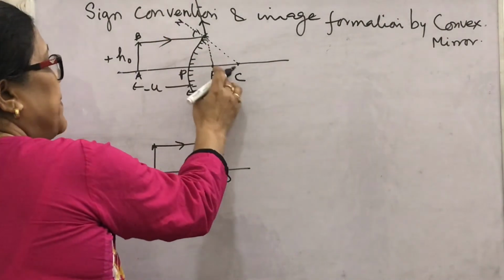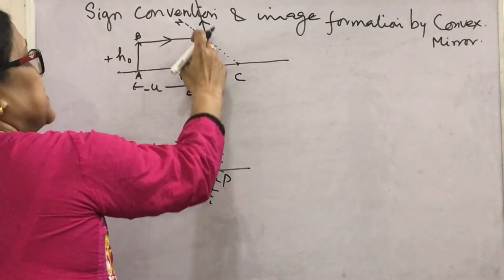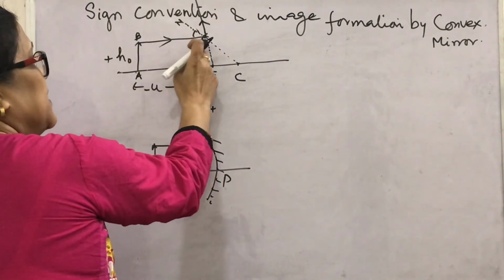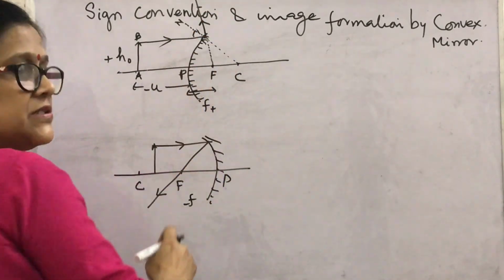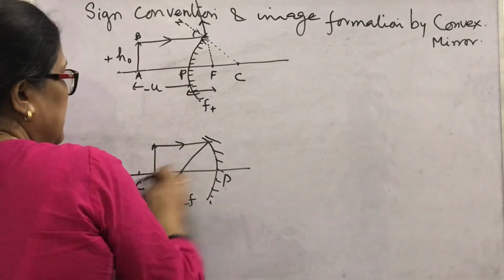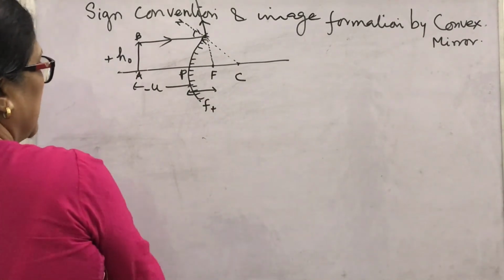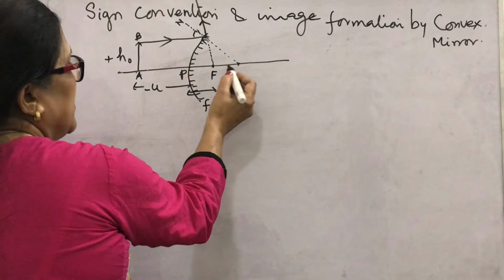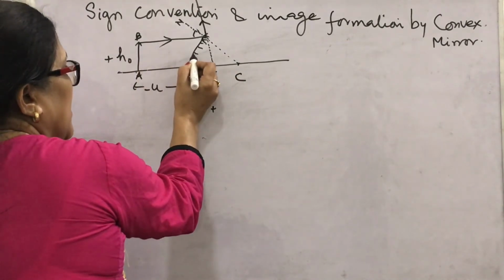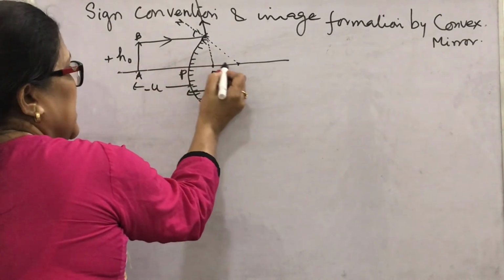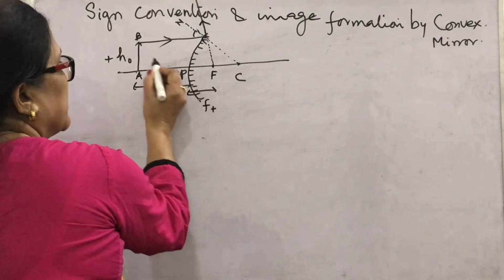Now, what will happen to find the image formation? One ray is reflected. It is parallel to the principal axis, so it is reflected and it appears to pass through the focus. What about the other ray? You know the rule. You take a ray coming from the object in the direction of C, the center of curvature.